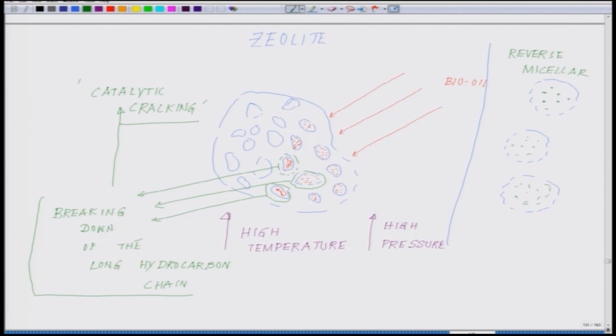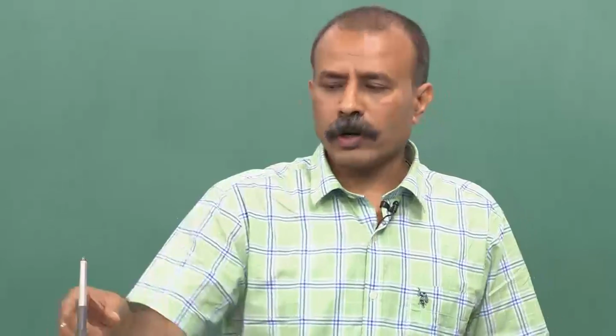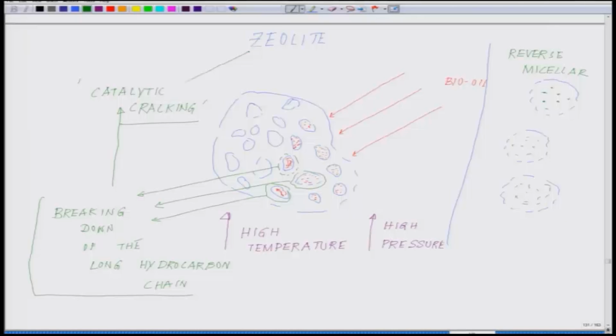I wanted to give you a visual feel of how catalytic cracking takes place. Zeolites are used for catalytic cracking of biofuels or bio oils in order to increase their efficiency. We will come to this efficiency, and how we measure it.